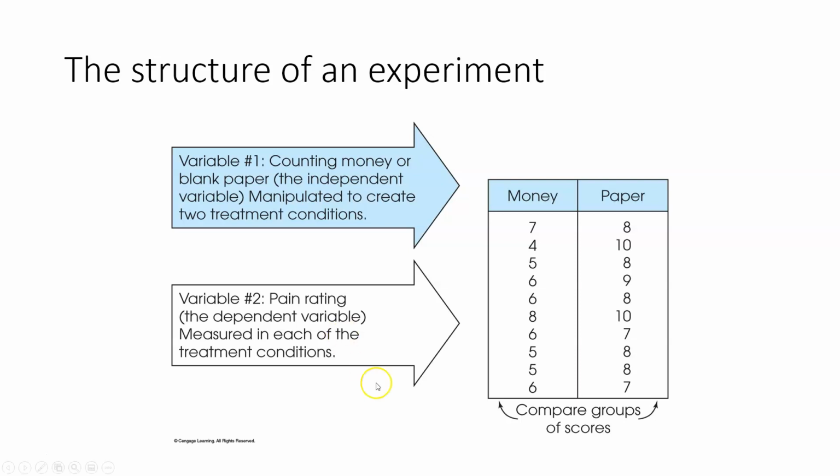But some people had counted money beforehand, and some people had counted paper beforehand. And those people who counted money, if you just glance at these scores, seem to have had less pain than people who counted paper when they were placing their arms in ice water. Anyway, the point of this slide is to articulate that the structure of an experiment is generally to have one variable that defines the groups and the other variable that measures the outcomes.